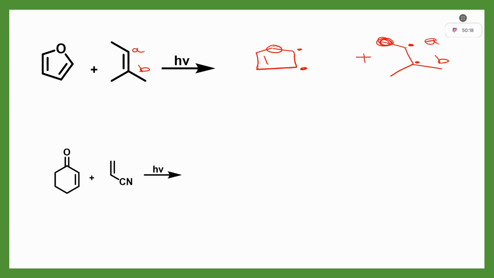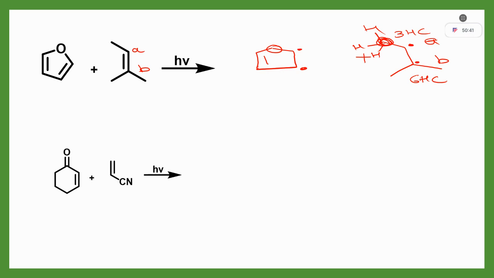This is your sp2 carbon due to free radical. This is your sp3 carbon. Three hydrogens are there, right? So this radical has three hyperconjugation, but this radical has six hyperconjugation. So from here, your radical B is more stable than A. Are you convinced or not?